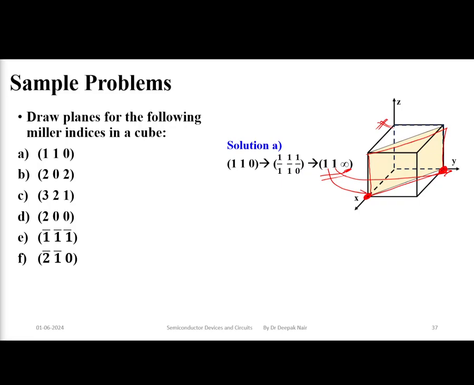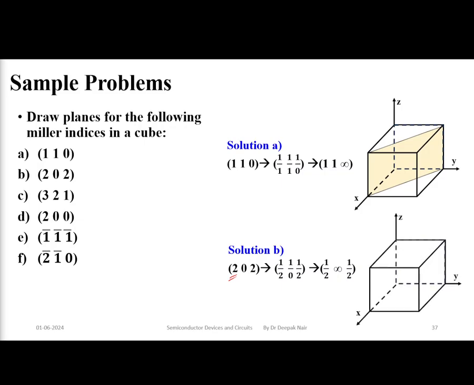Now coming to the next example, 2, 0, 2. Simply take the reciprocal: 1 by 2, 1 by 0, 1 by 2. So you will end up with 1 by 2, infinity, 1 by 2. How can we draw this plane? 1 by 2 means half of the x-axis. The x-axis has a length of 1 and this is the point at 1 by 2.